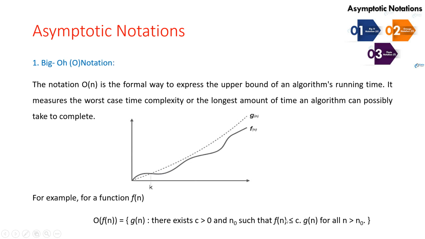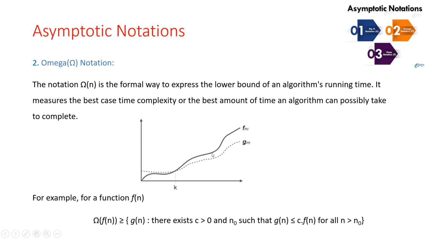So here in big O notation, f of n is less than c dot g of n, and here g of n is less than or equal to c dot f of n for all n greater than n0. So this is the omega notation.